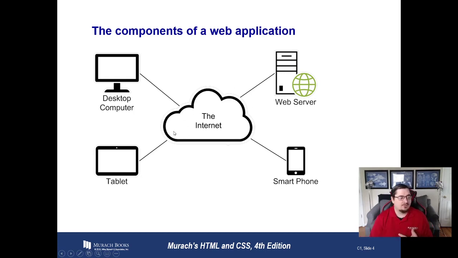But we're web developers, so what we're going to focus on is what happens here and what happens at the end. We'll largely ignore a lot of what happens in the middle, simply because our focus is more on the code and actually building the content and the websites rather than the networking in between.